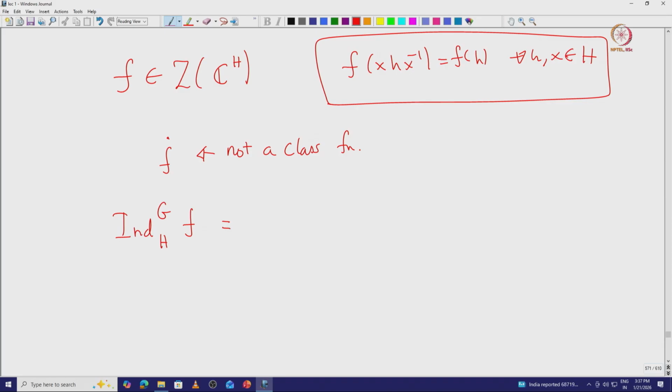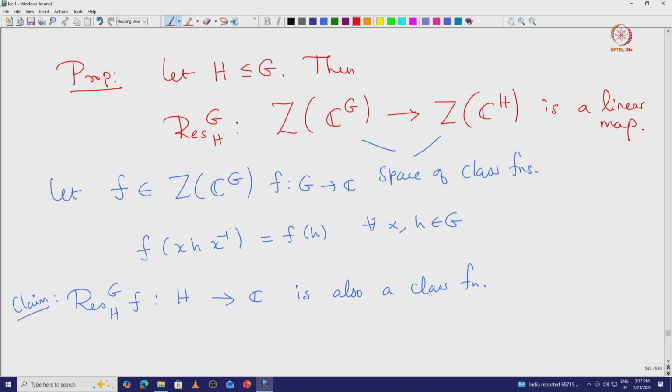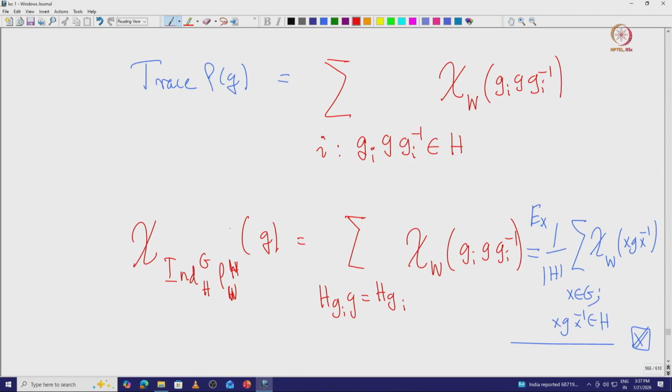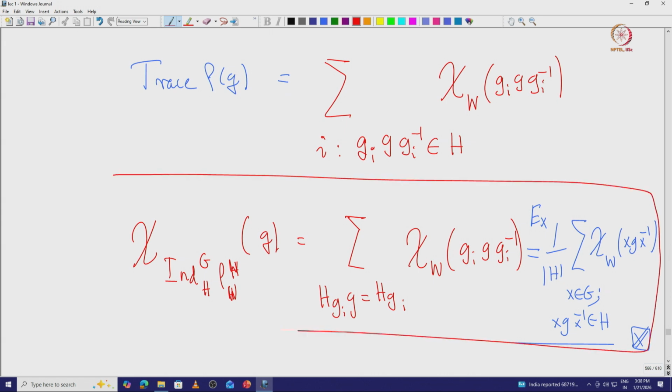If you go back to our proof of the character, you can see that the induced character satisfies this particular equality.